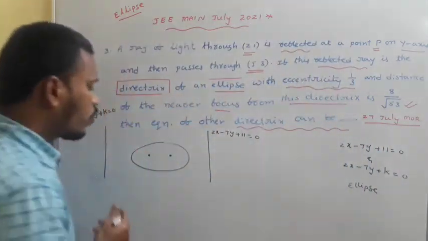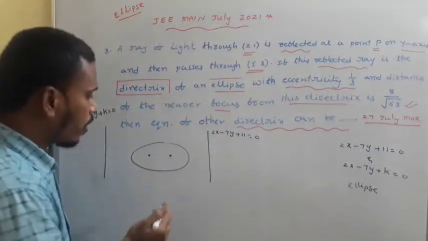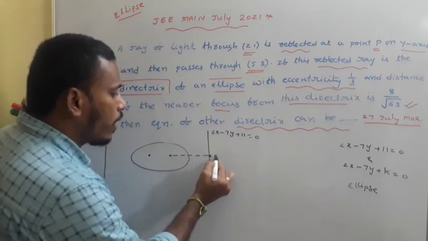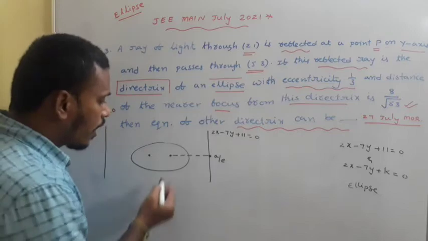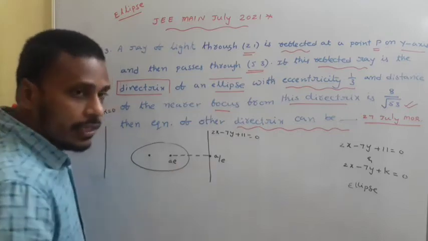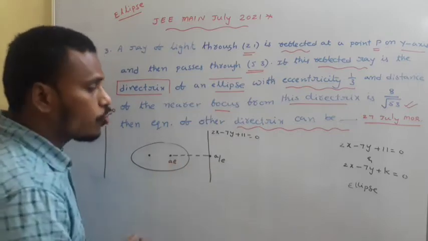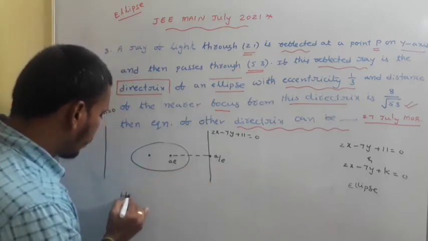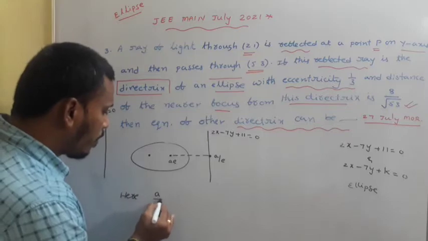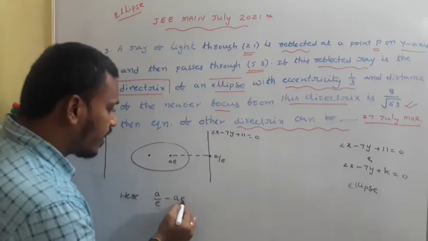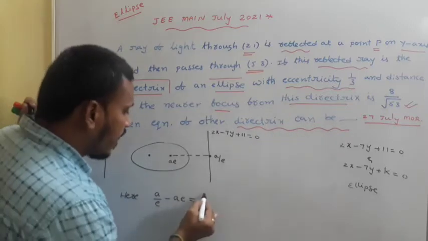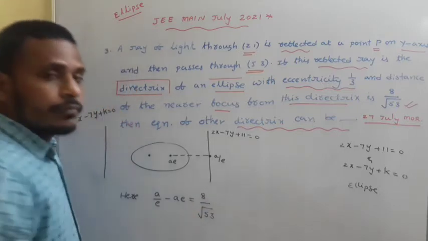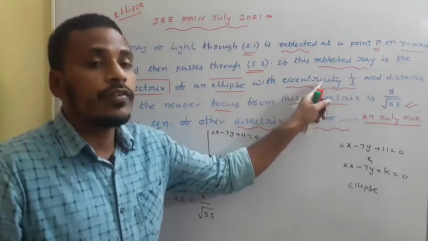And now, see, you just think about the distances, okay? See, the distance between these two: usually this point is a by e, and this point corresponds to ae, and the distance between these two is simply nothing but a by e minus ae. Here, a by e minus ae is given as 8 by root 53, and then eccentricity is also given as 1 by 3.